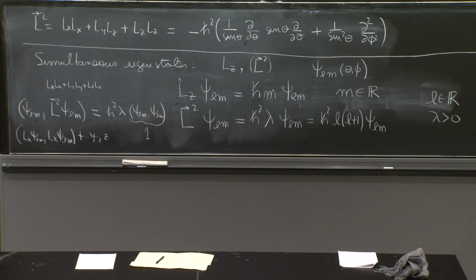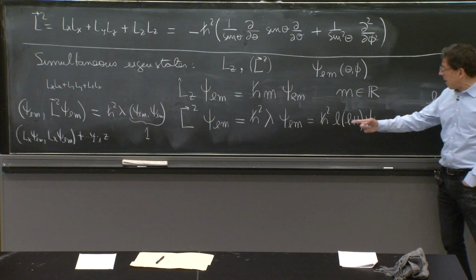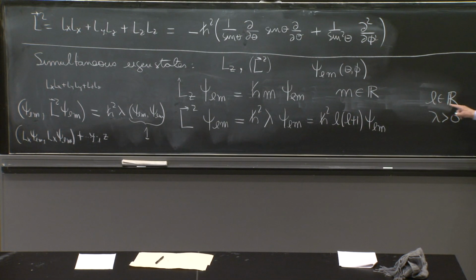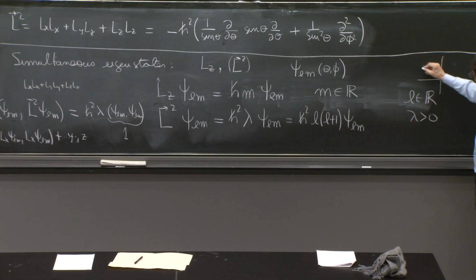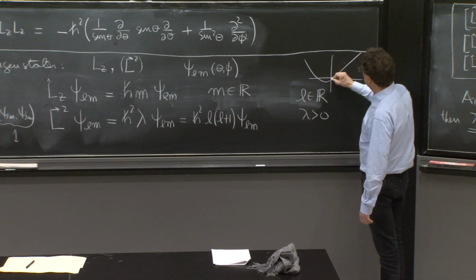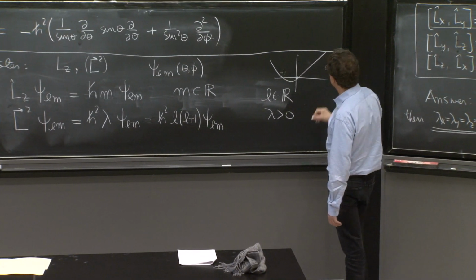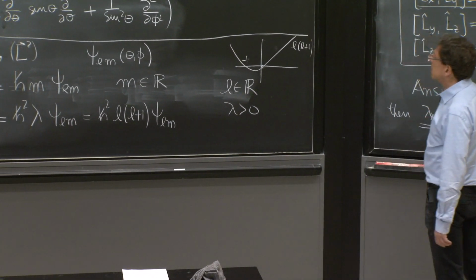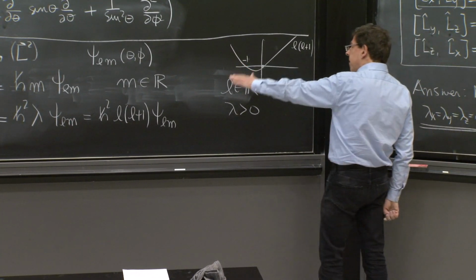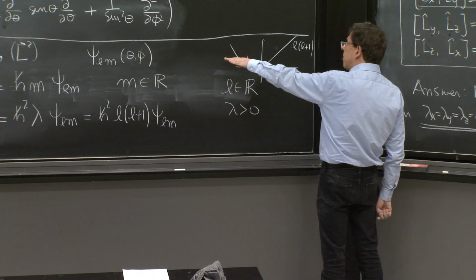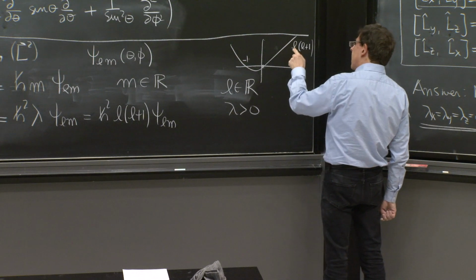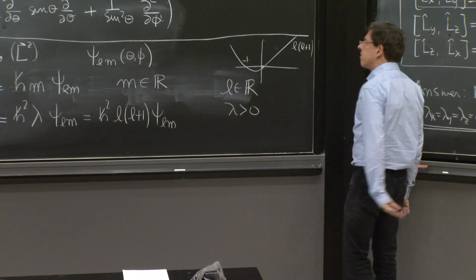The reason comes when we look at the differential equation. But the reason you don't get in trouble by doing this is that as you span all the real numbers, the function L times L plus 1 is like this. And therefore, whatever lambda you have that is positive, there is some L for which L times L plus 1 is a positive number.